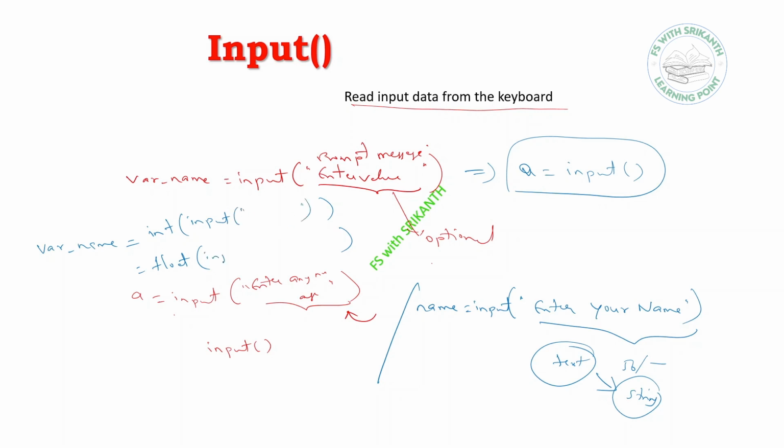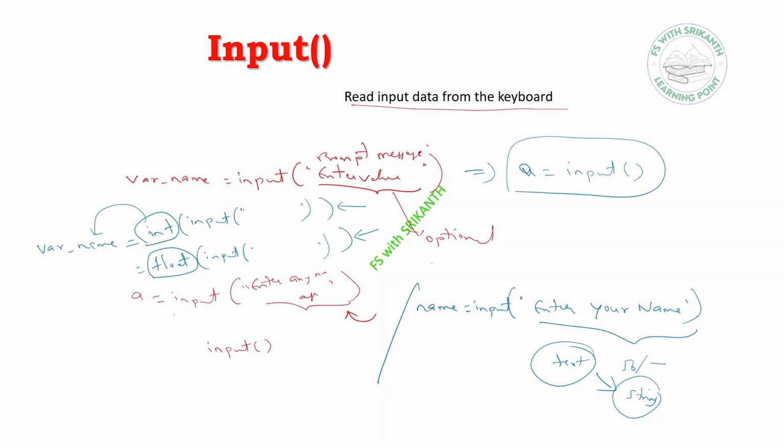In this way, what the user entered is converted to an integer, and here what the user entered is converted to a float. So those values can be stored in the variable. Here we are storing only a single variable.